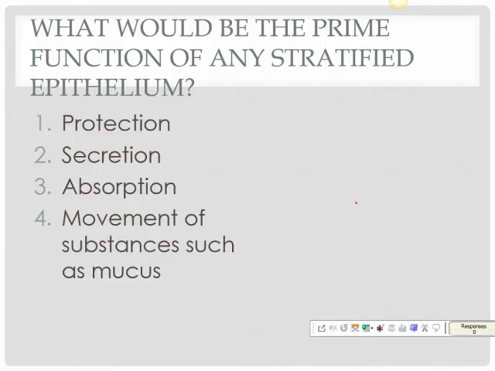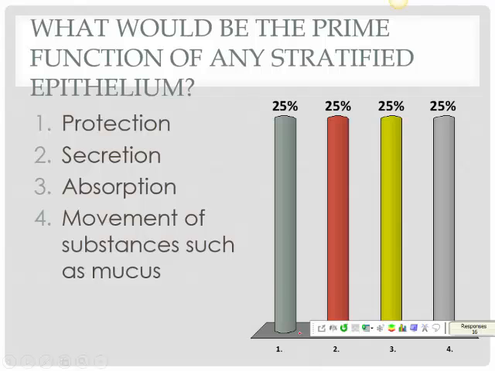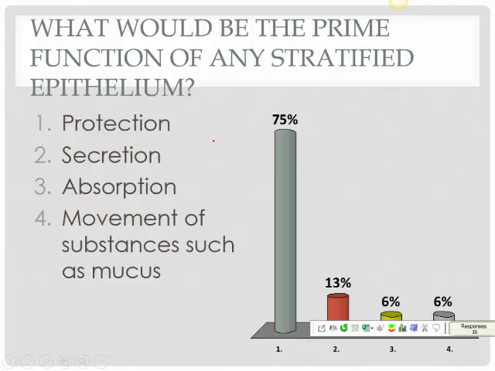So, what do you think would be the prime function of any stratified epithelium? And I gave you the answer actually. The prime function, the thicker the epithelium, obviously it would be protection.